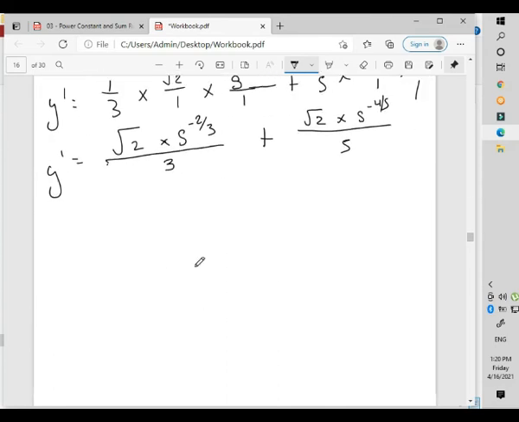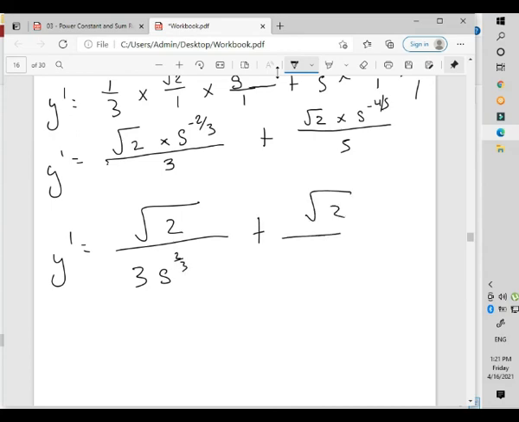So understanding that you cannot have a negative power, y is equal to root 2 over 3s to the power of 2/3 plus root 2 divided by 5s to the 4/5.